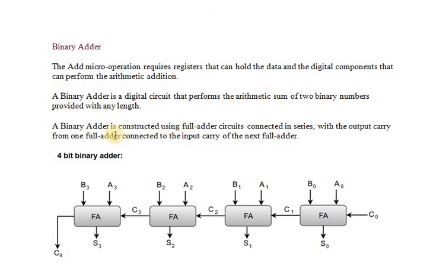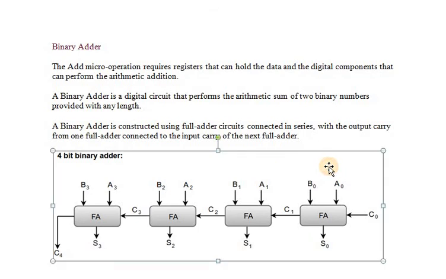A binary adder is constructed using full adder circuits connected in series, with the output carry from one full adder connected to the input carry of the next full adder. That means if you are adding two 4-digit numbers, for example with a 4-bit binary adder, there will be a carry.